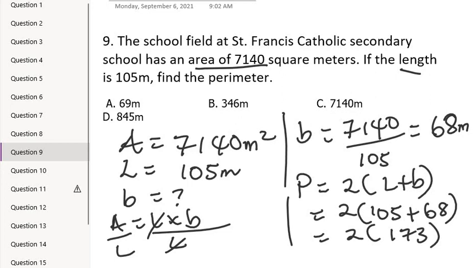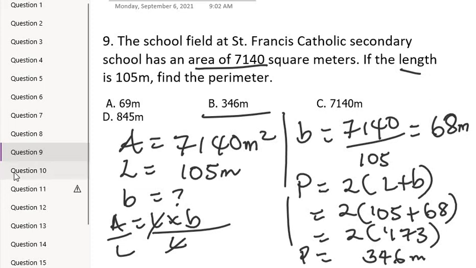So let's multiply 173 by 2 to get our perimeter. 2 times 3 is 6. 2 times 7 is 14, 4, bring 1 here. 2 times 1 is 2, plus 1, 3. 346 meters. So the perimeter is B.